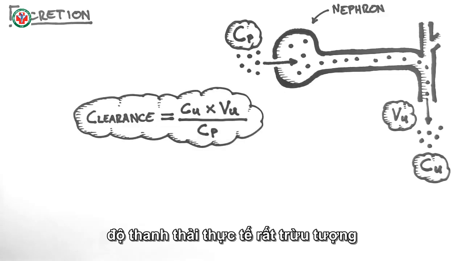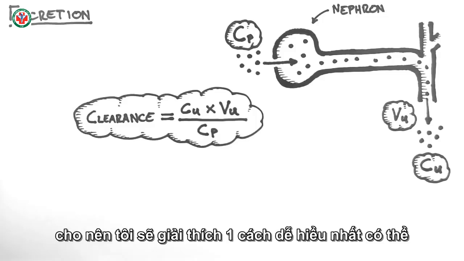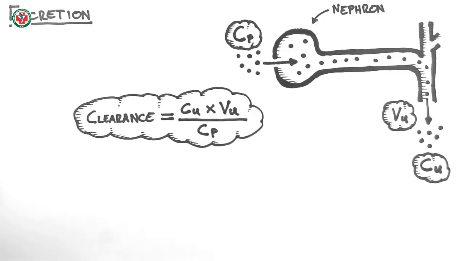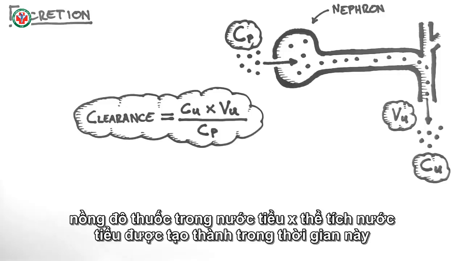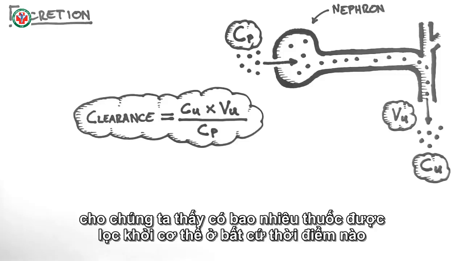The clearance is often very difficult to understand conceptually, so I'll try to simplify it as best I can. This equation asks, how much plasma contains the amount of drug being cleared at this time? The concentration of the urine times the rate at which urine is being produced shows how much of the drug is being cleared from the body at any given time.